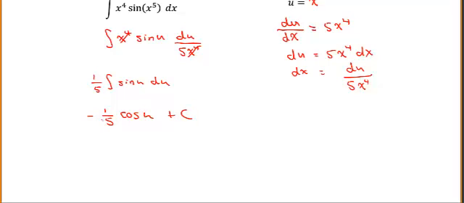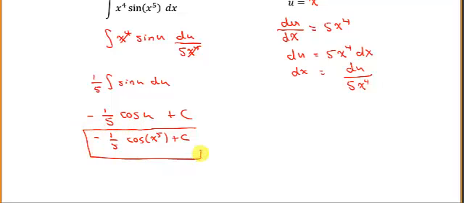So negative 1/5 cosine of u is the antiderivative of 1/5 sine. And now replace the u with x to the 5th. So it's negative 1/5 cosine of x to the 5th plus a constant of integration. So there is our antiderivative.